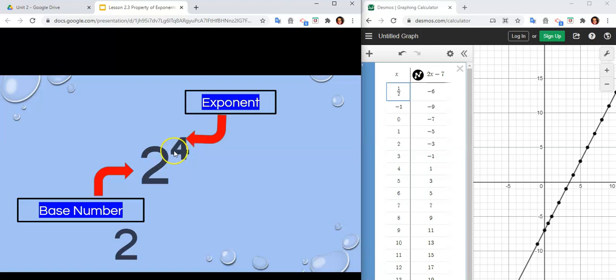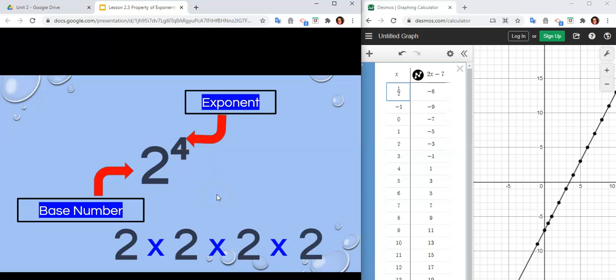The exponent tells me how many times to multiply the number it is attached to. So I take this 2, which is my base number, and I multiply that base 4 times. That's exactly the exponent's job. That's all it does.